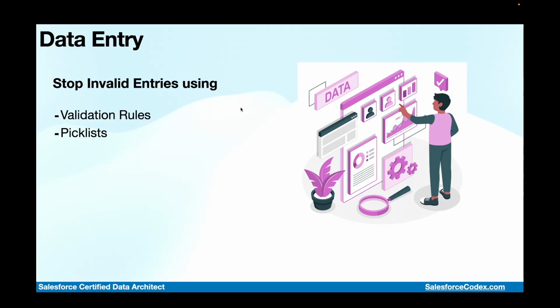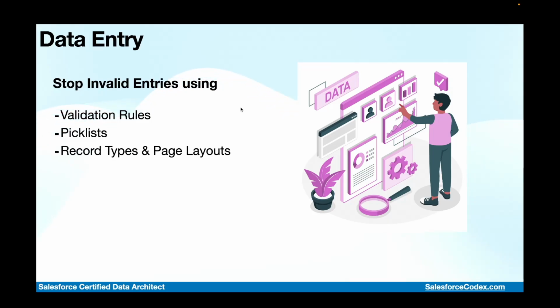For example, if country is a text field, then a user can enter USA, United States, or United States of America. Even some users can make spelling mistakes. So it's better to create a picklist of valid values. This will make sure a standard value is entered and saved in our database.